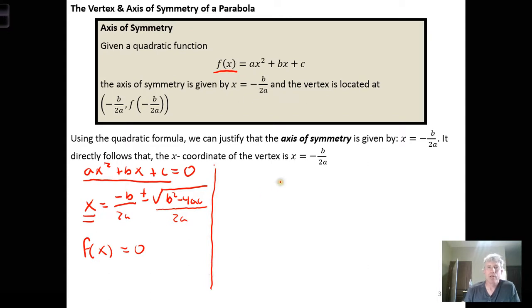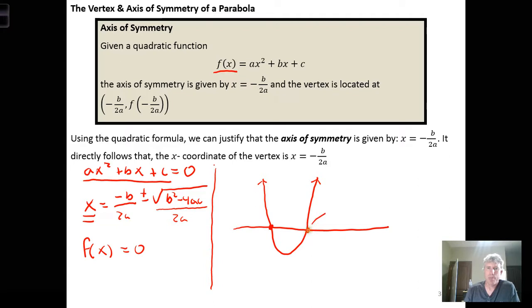So with a quadratic function, we have a horizontal axis, the x-axis, that the quadratic function may intersect. The quadratic formula just gives us the locations of the x-intercepts.